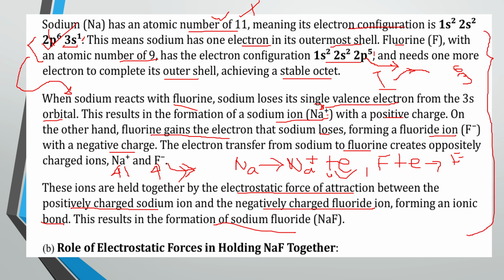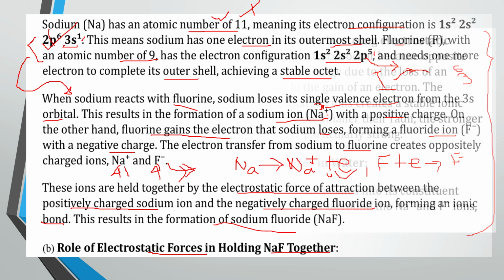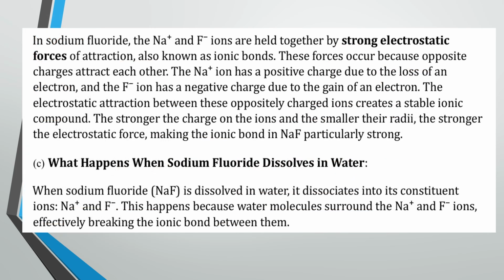Now let's look at the role of electrostatic forces in holding the sodium fluoride together. So here we are going to say that in sodium fluoride, the sodium ion together with the fluoride ions are going to be held together by the strong electrostatic forces of attraction, simply because they're between oppositely charged ions.